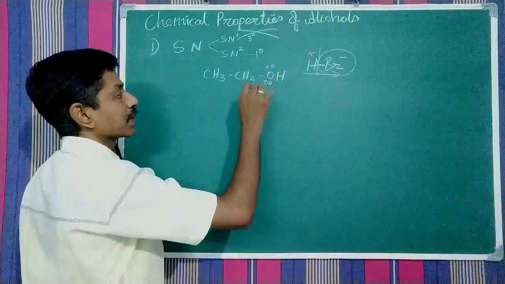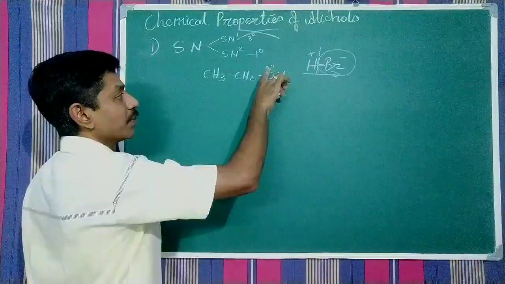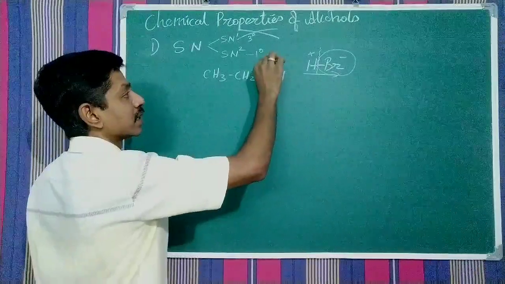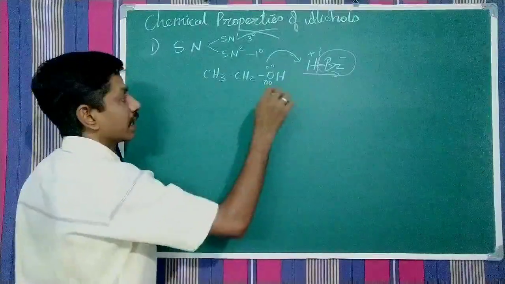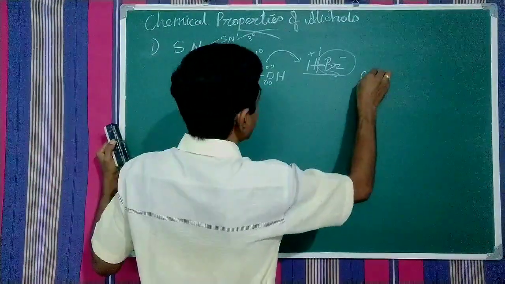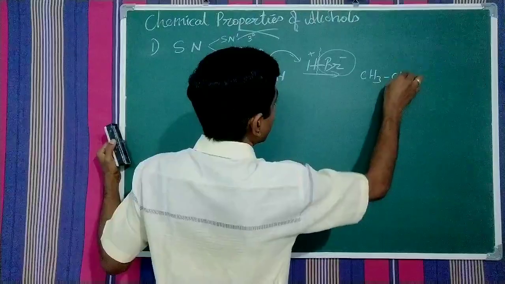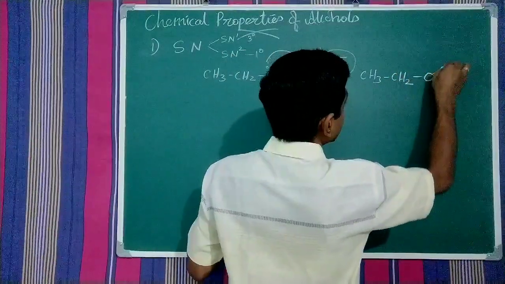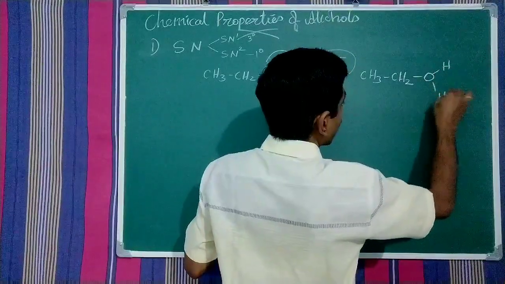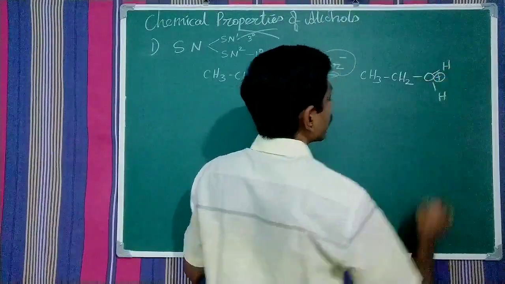In the first step, the lone pair of electrons over the oxygen will be donated to the H plus ion. Because of that, the oxygen attaches one more hydrogen and gains a positive charge.